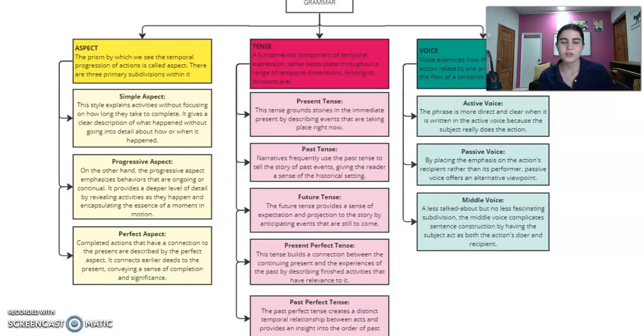Starting with the present tense, this tense grounds stories in the immediate present by describing events that are taking place right now. Usually we use the present tense to describe something that happens every day, routines or actions that happen every day, as we mentioned before.